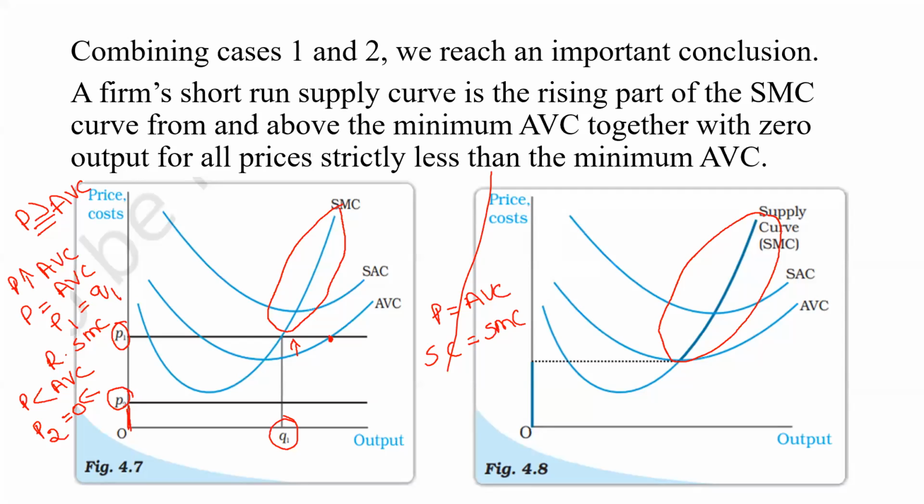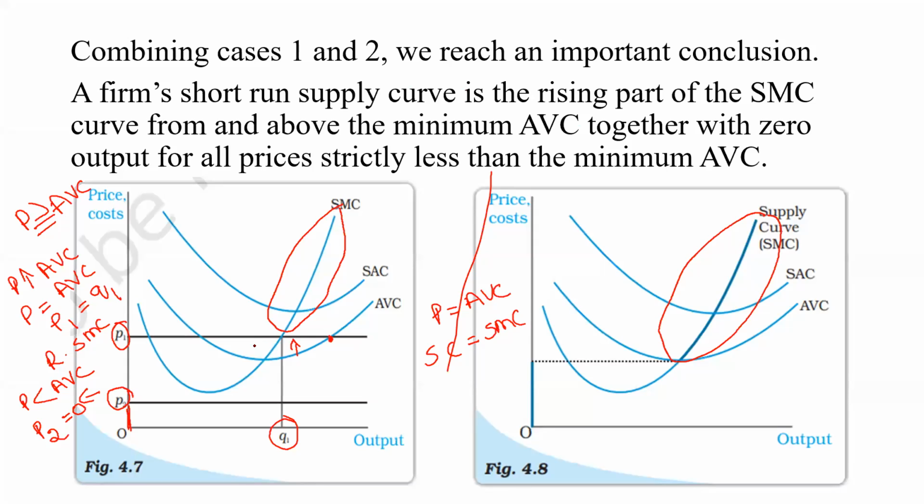How much output are you going to produce? Very good, Maitri. Only Maitri has given the correct answer. The remaining of you have given the wrong answer. In the second graph, we are producing zero amount of output.